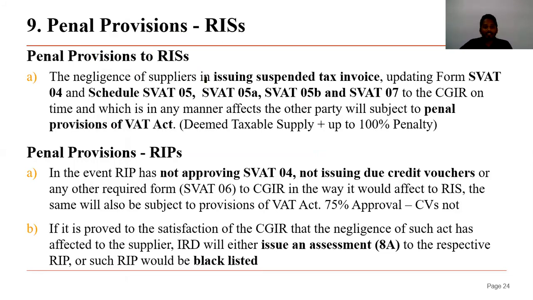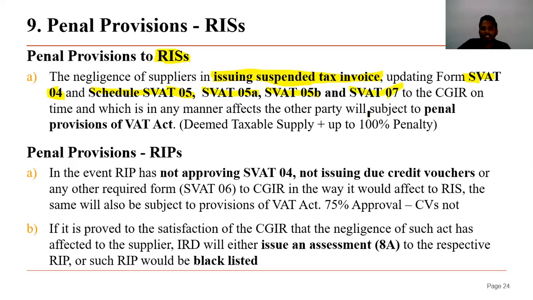In the case of RIS, issuing a suspended tax invoice is important for RISs if they have registered for SVAT as RIS, and then they need to enter the SVAT 4 into the system, and again they have to update the schedule SVAT 5, SVAT 5A if there is any credit note and debit note, and the SVAT 7.